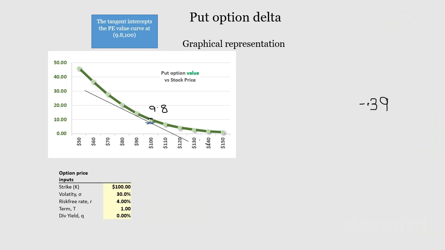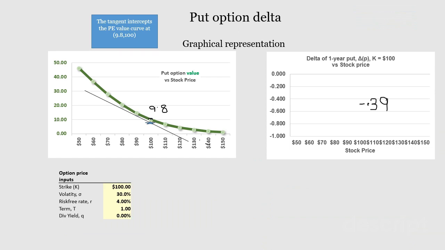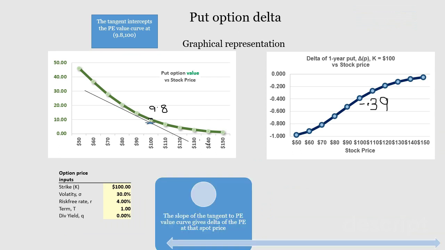Here the tangent intersects the P value curve at a point where spot price is 100. The slope of the tangent is minus 0.39 at a spot price of 100. So delta of P at spot price of 100 is minus 0.39.